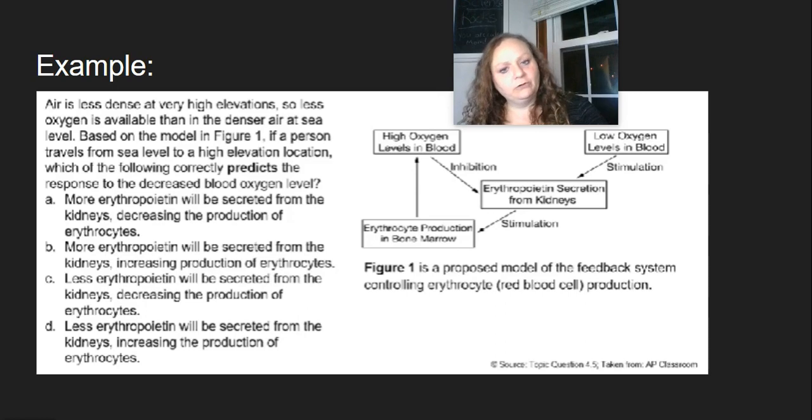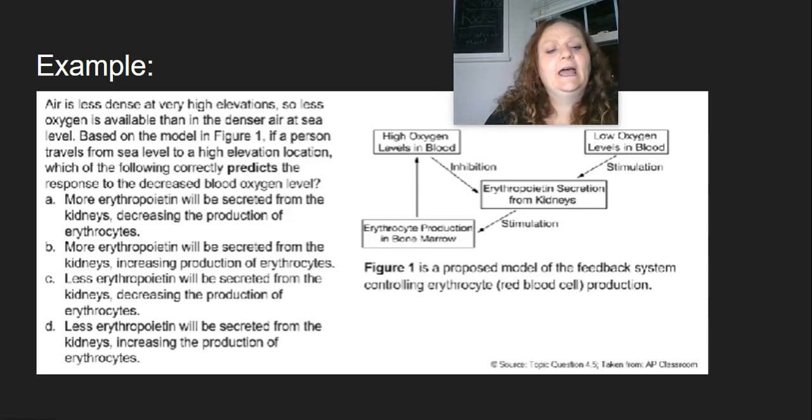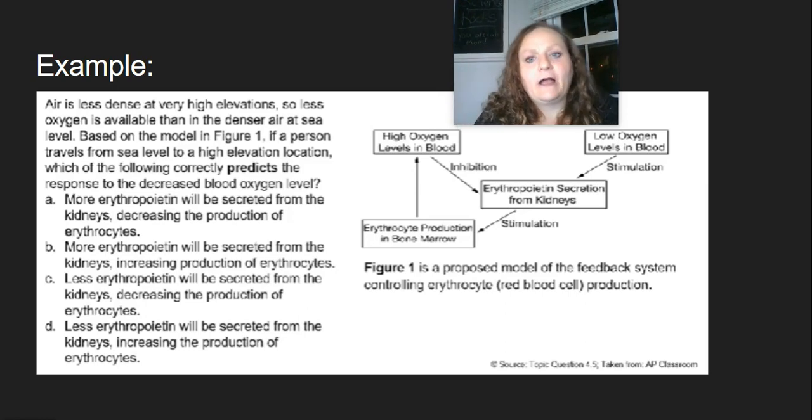So, if you go through and you look at the answer choices, you're trying to figure out which one of these is the prediction of what's going to happen when you move into a low oxygen level. So, first, let's take a look at the model. Before I even look at the answer choices, let's look at the model. And the model says that in a low oxygen level, you are going to end up with erythropoietin secretion from your kidneys.